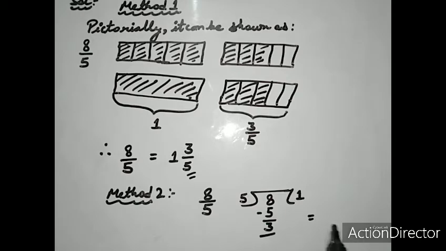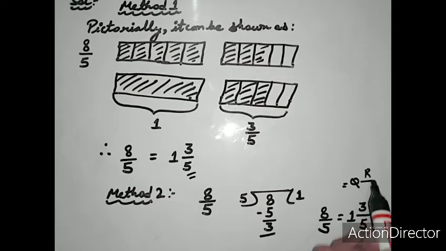So to write the mixed number of 8 upon 5, we write the quotient as the whole part, and in the fraction part we write the remainder over the divisor. So we get 1 whole 3 upon 5. So a mixed number looks like this: quotient, remainder and divisor.